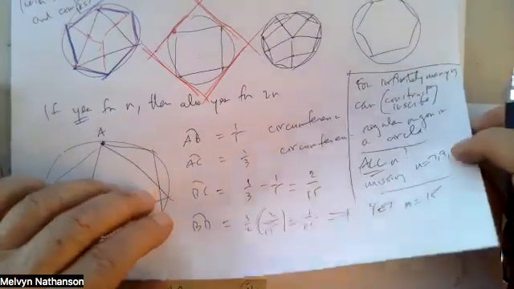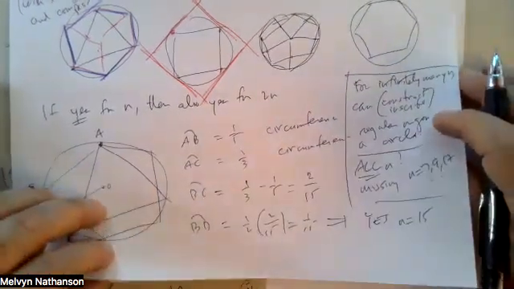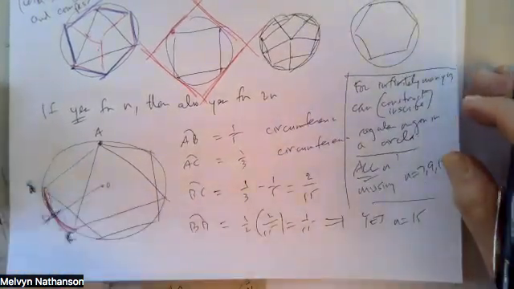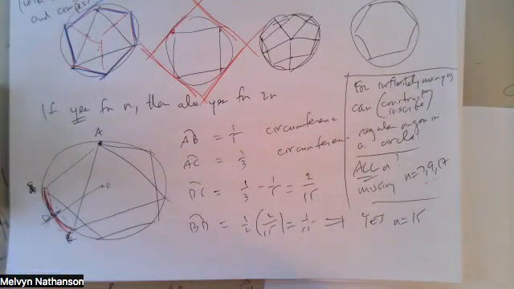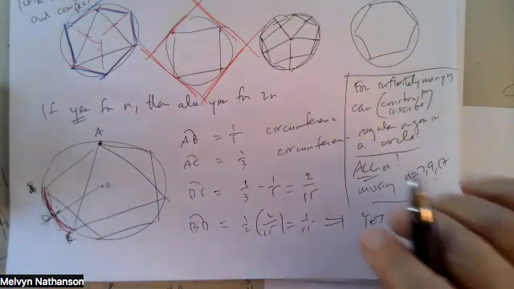And for 2,000 years, it was thought that the only regular polygons that could be inscribed in a circle are the ones from Euclid.